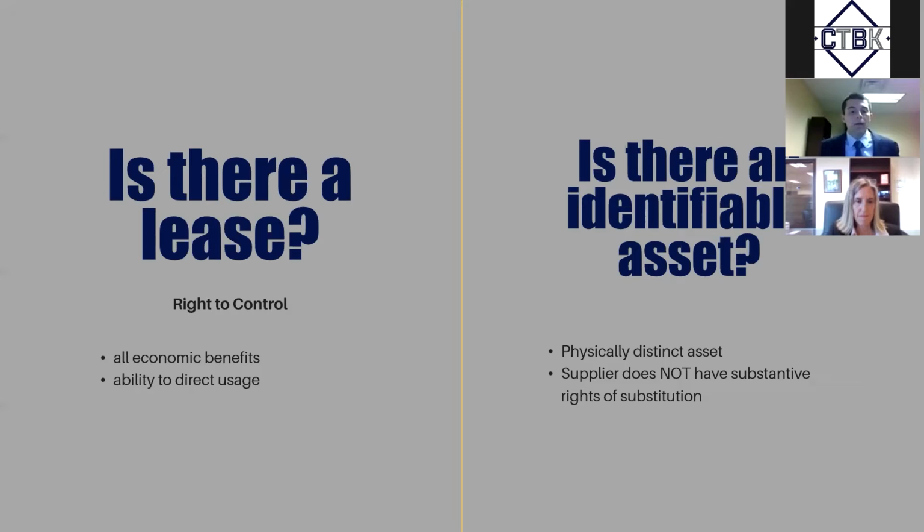A supplier is said to have substantive substitution when the supplier has the practical ability to substitute alternative assets throughout the period of use, and the supplier would benefit economically from exercising its right to substitute the asset. Therefore, the existence of a substantive substitution right calls into question whether there is an identified asset and whether a lease actually does indeed exist.